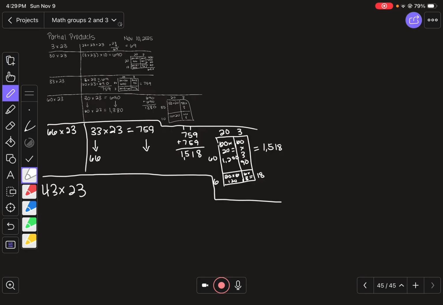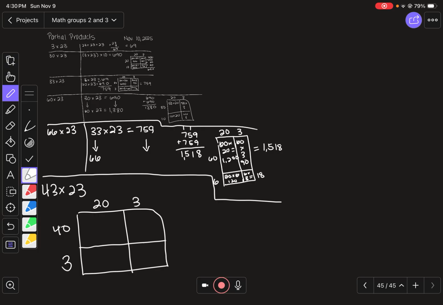So if I'm doing it in an area model, that would look like 40 and 3 and 20 and 3. And so basically what you're doing is you are coming up with partial products, which is the title of this problem string, to help you solve this.